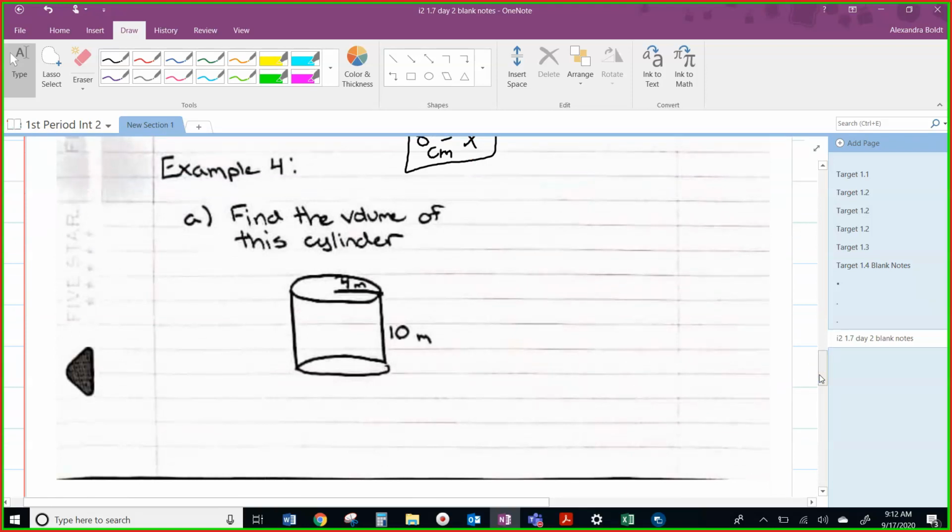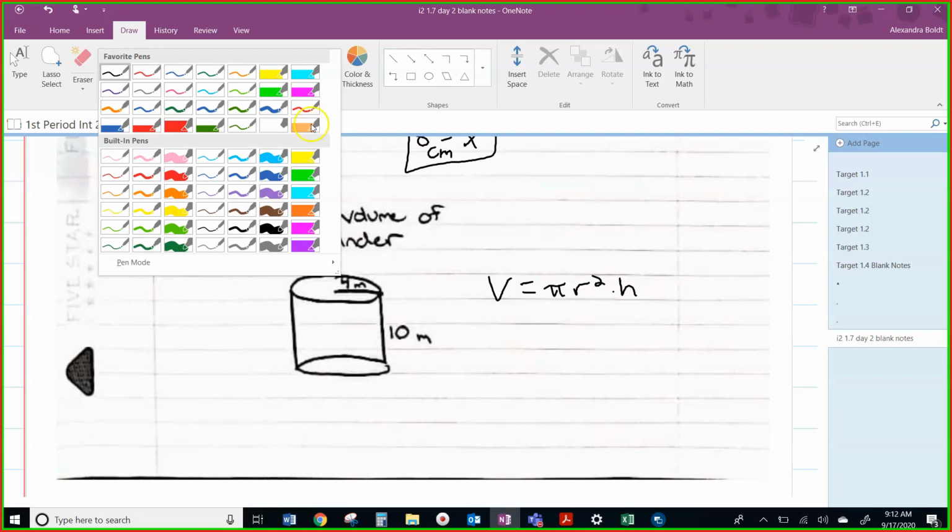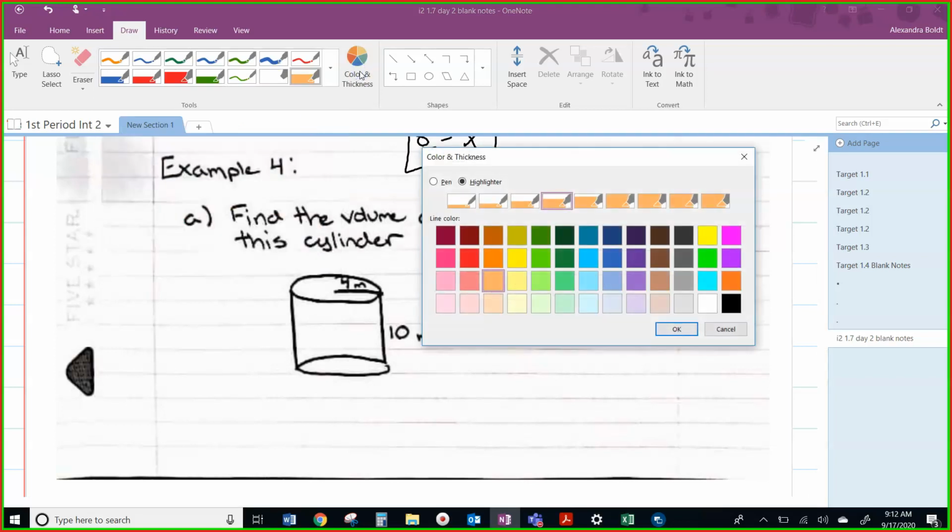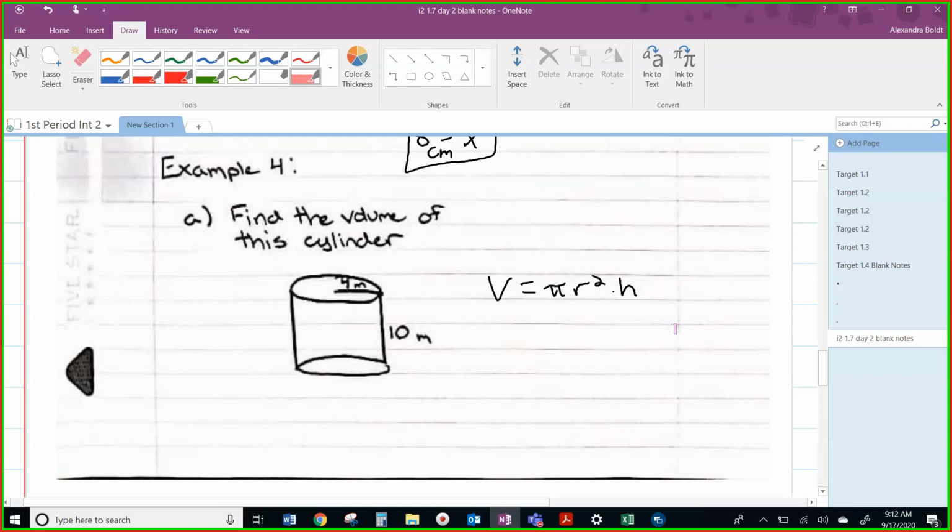Example 4, find the volume of this cylinder. So this is going right back to what we were doing yesterday. So we have volume equals pi r squared times height. Right.